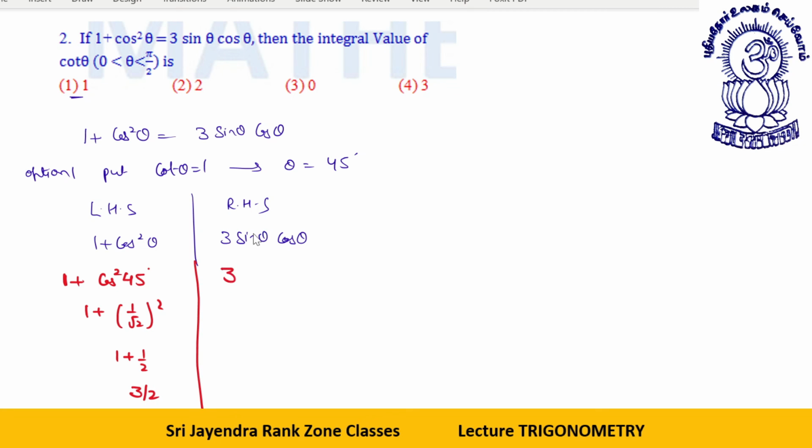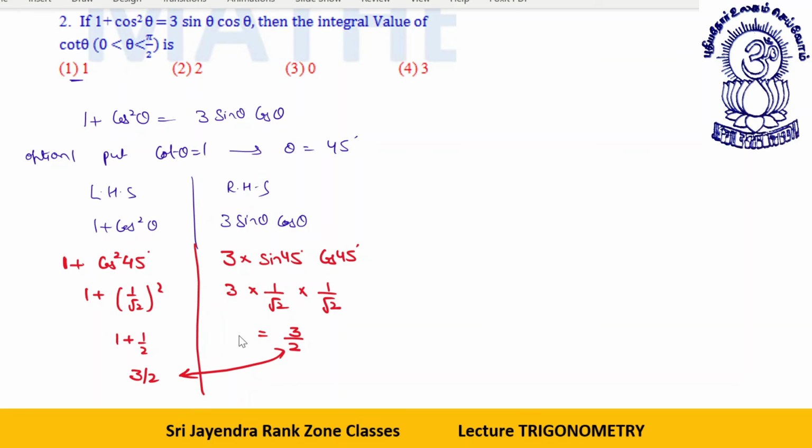The right hand side is 3 sin 45 degrees cos 45 degrees, which is 3 into 1 by root 2 into 1 by root 2, that is 3 by 2. Both of them are equal. So option 1 satisfies the above condition.